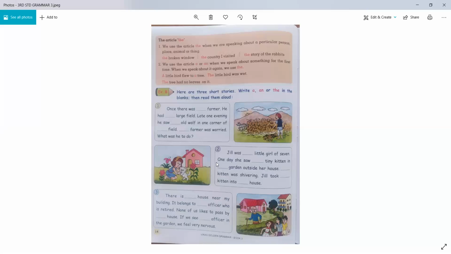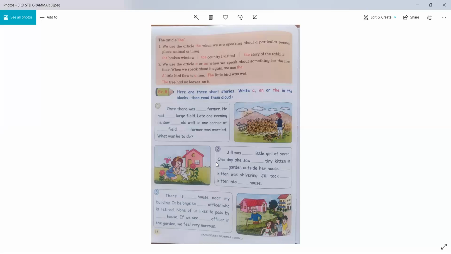Jill was, okay, no problem, write it. Jill was what are we going to use? A little girl of 7. Okay, one day she saw a tiny kitten. Tiny means small, kitten means baby of a cat.